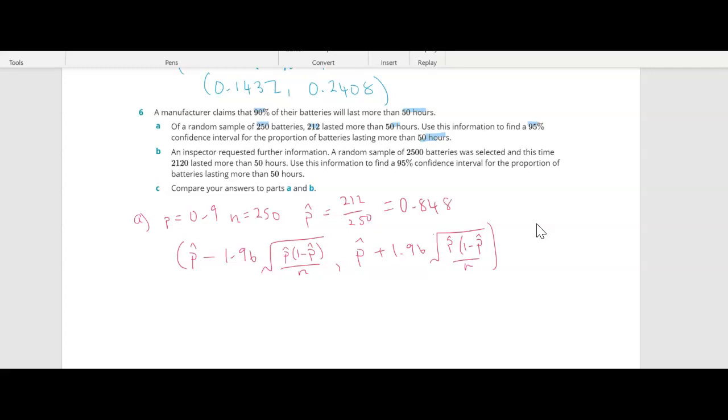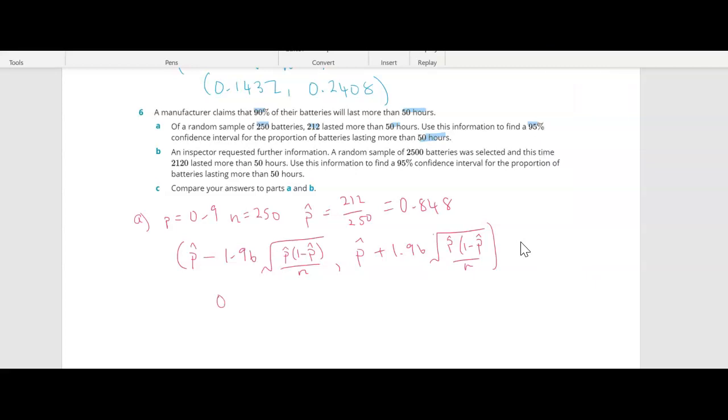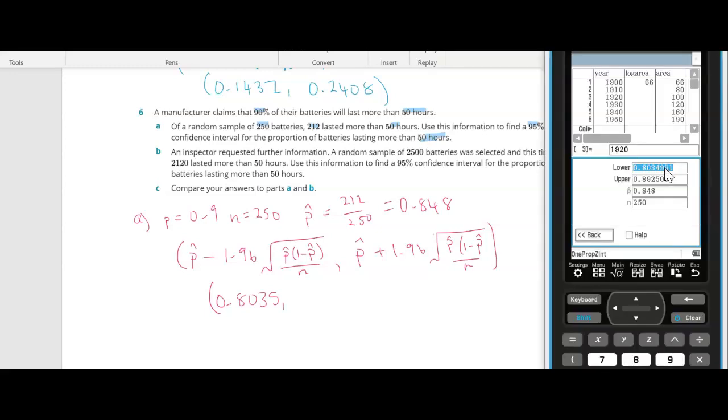And you can see it's very close to your population, so it's very close to 90%. Okay, so we've got 0.8035, and then our upper is 0.8925.